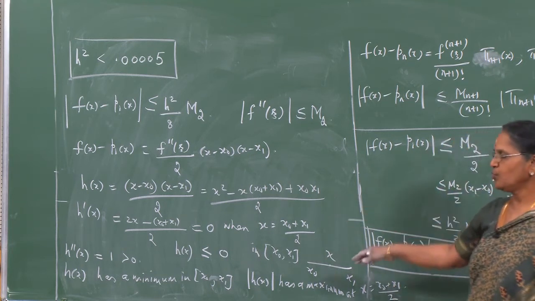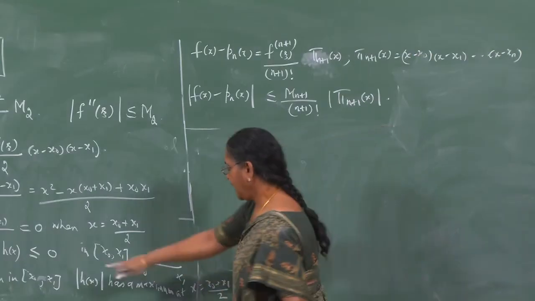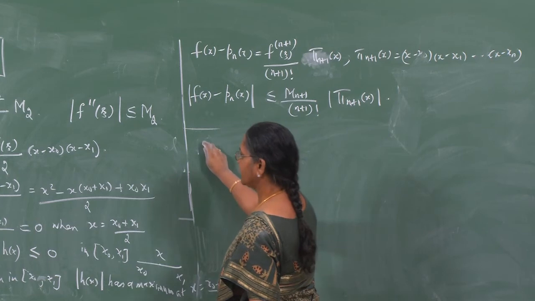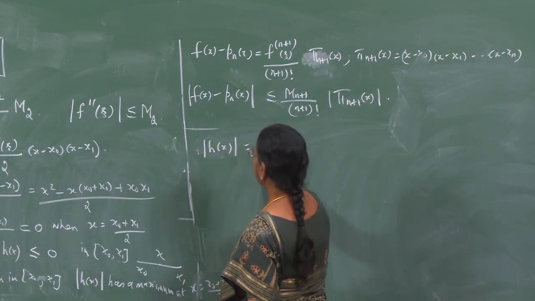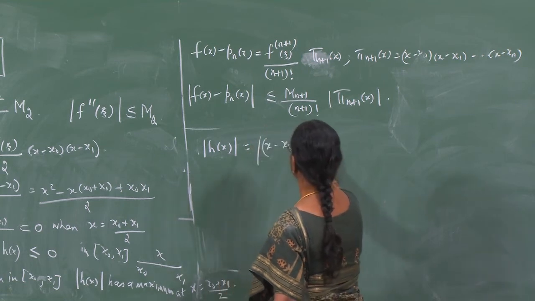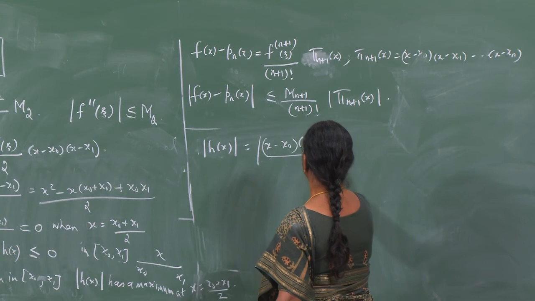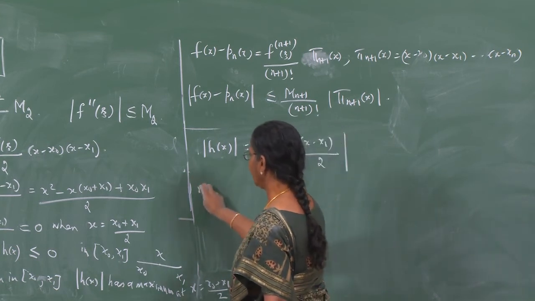So, we can compute the maximum of h of x. What is the maximum of modulus of h of x? Modulus of h of x is modulus of (x minus x naught) into (x minus x1) divided by 2, and I want the maximum of modulus of h of x.